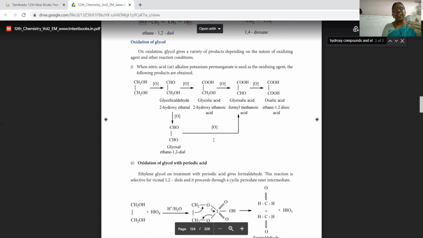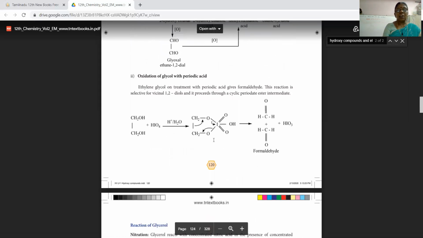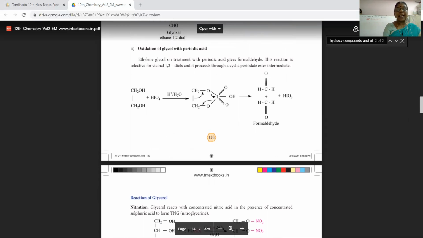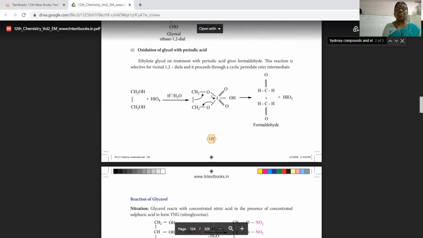Likewise, if both the primary alcohols undergo oxidation, you will get two aldehyde groups, that is ethanedial, which is further converted to glyoxylic acid, and then finally to oxalic acid. Next is oxidation of glycol with periodic acid. Ethylene glycol on treatment with periodic acid gives formaldehyde, 2 molecules of formaldehyde.